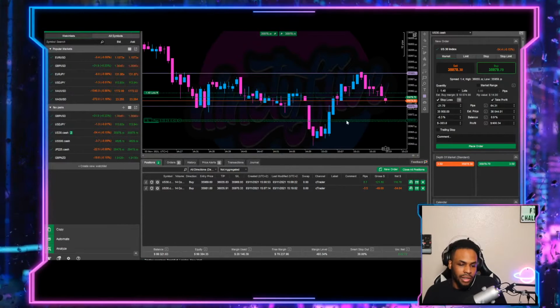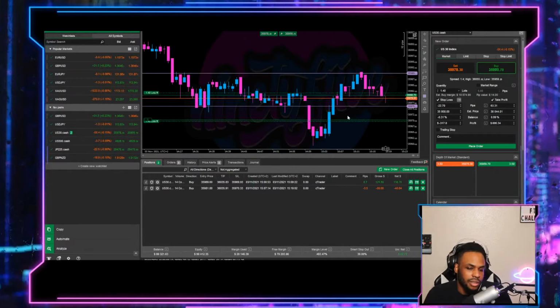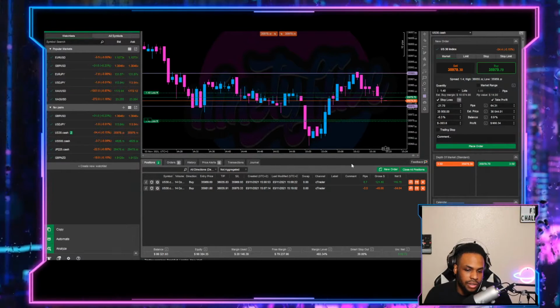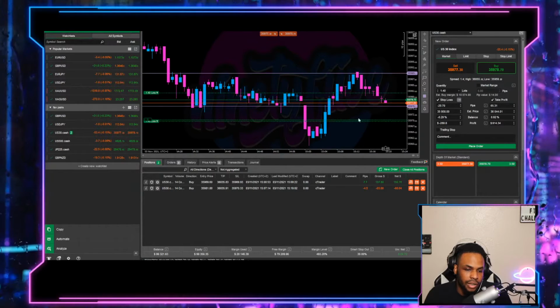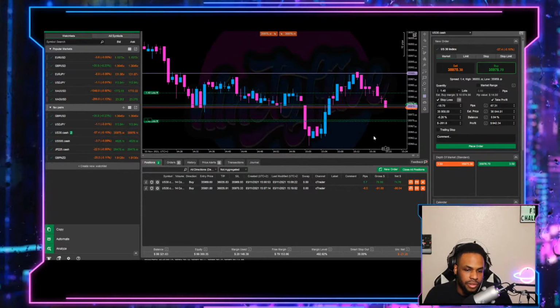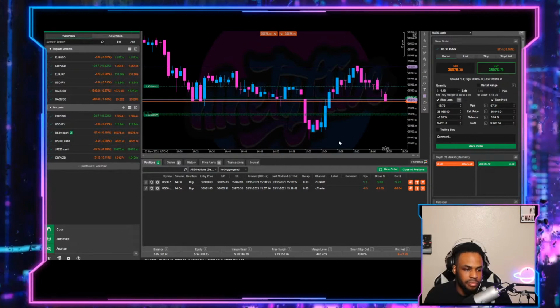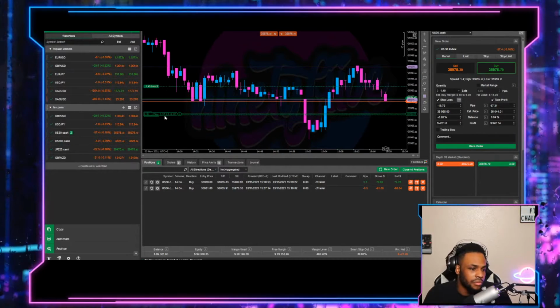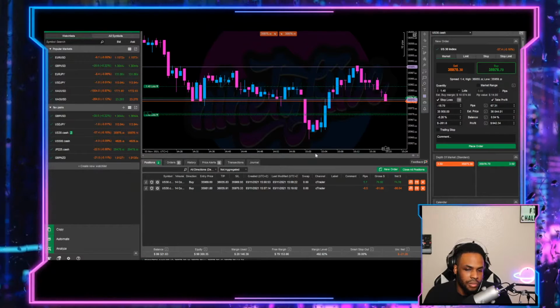I caught a pretty nice entry, as long as our price decides to hold. Second entry is going a little negative right now, but we're at a break even anyways. So we'll see. And this position is only like $150.